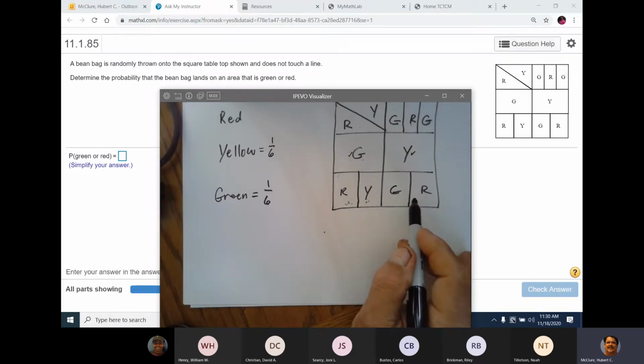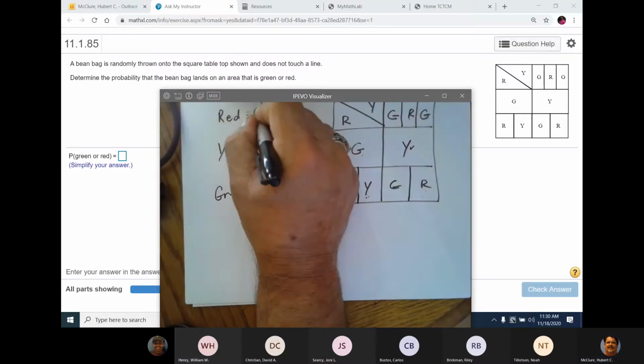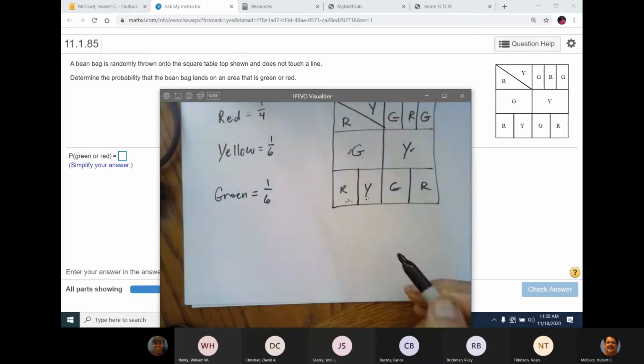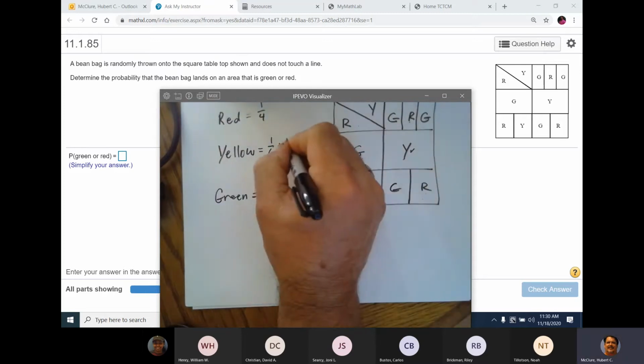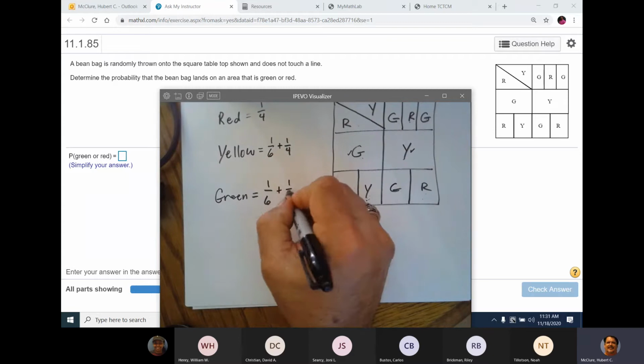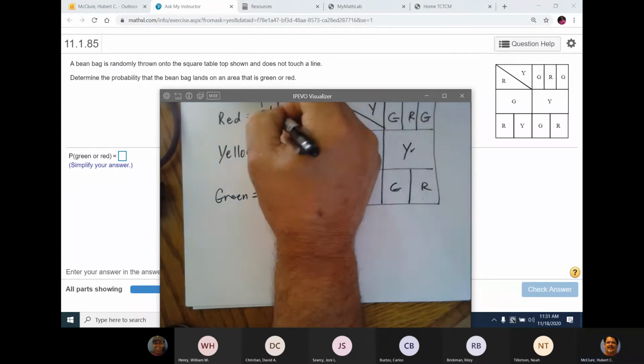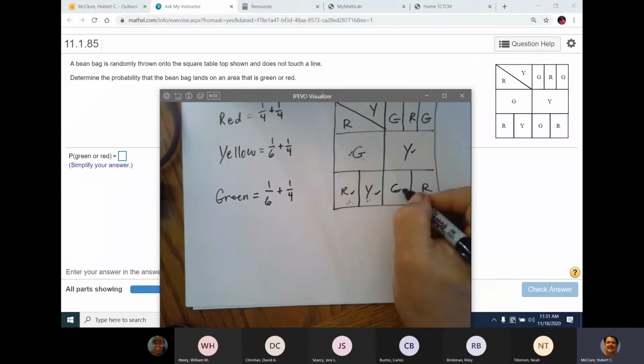So red is 1/4. Yellow is 1/4. Green is 1/4. And red is 1/4. So that takes care of those.